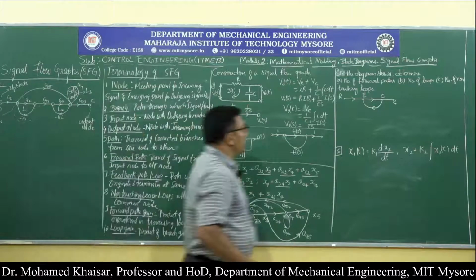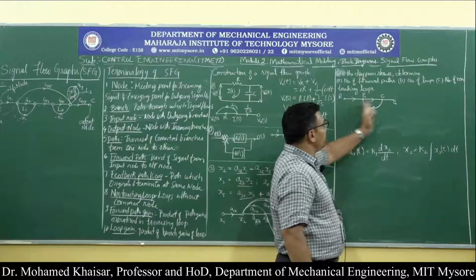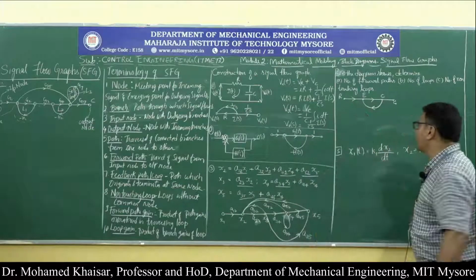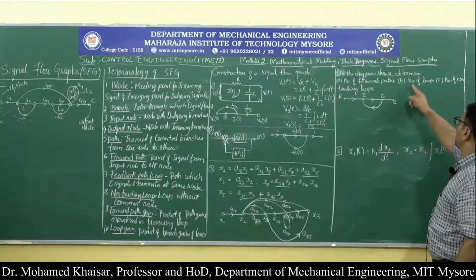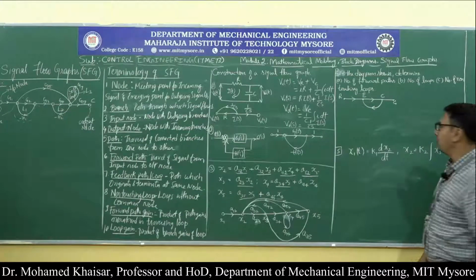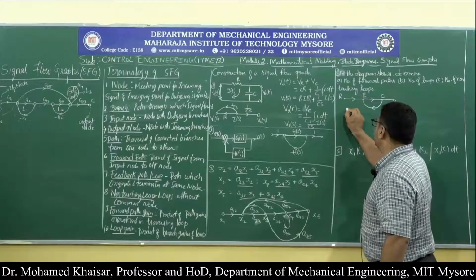Now, suppose we are given such a signal flow graph and we are asked to find the number of forward paths, the number of loops, and the number of non-touching loops. So all these things we have to find.